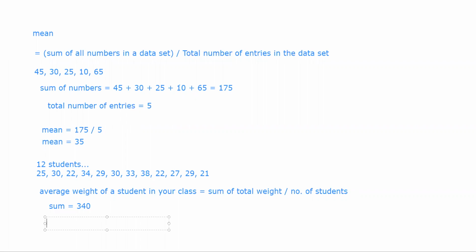So the mean weight of any student in your class would be 340 divided by 12, which is equal to 28.33 kgs. So this is the average weight of a student in your class. All the data would be around 28 to 29 kgs, and most of it is near this value.